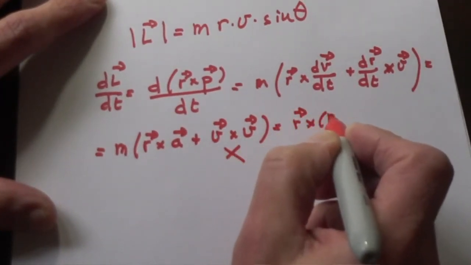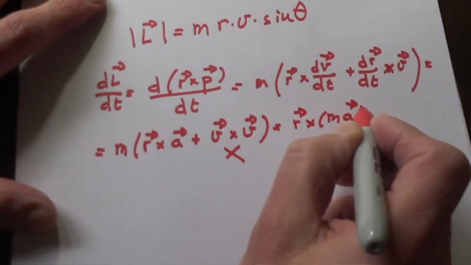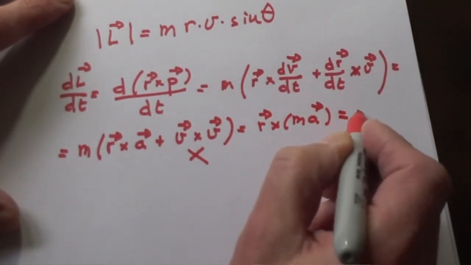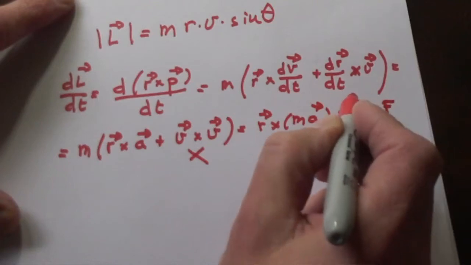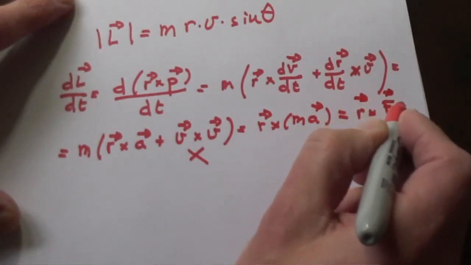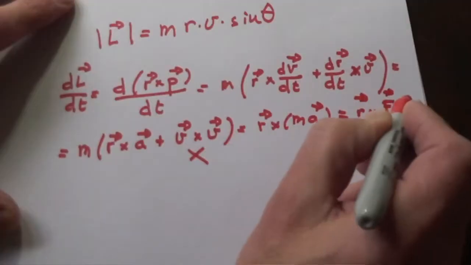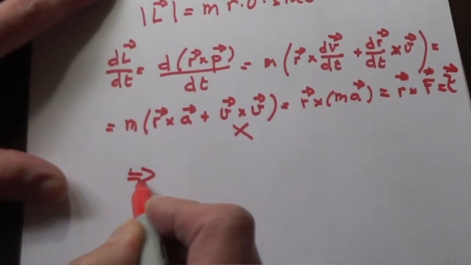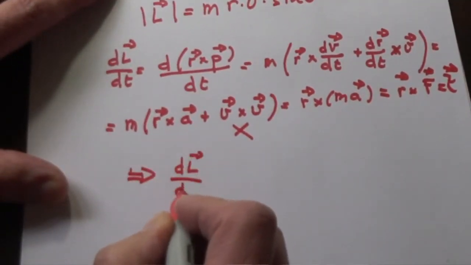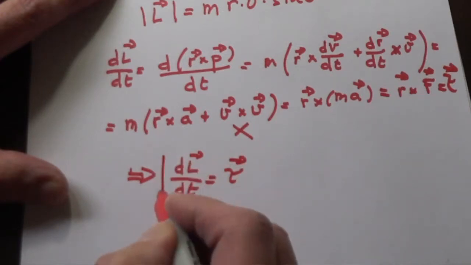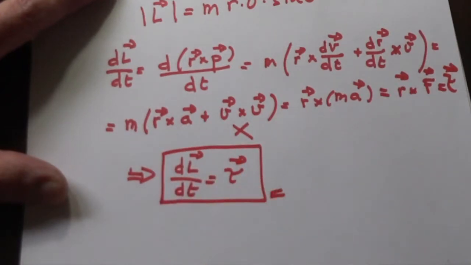We can rewrite this with the mass times the acceleration, which happens to be the force. So the derivative of the angular momentum with respect to time is r cross product F. But this is the definition of torque. We can then say that in the absence of a net torque, the angular momentum is conserved. And this is a very powerful result.